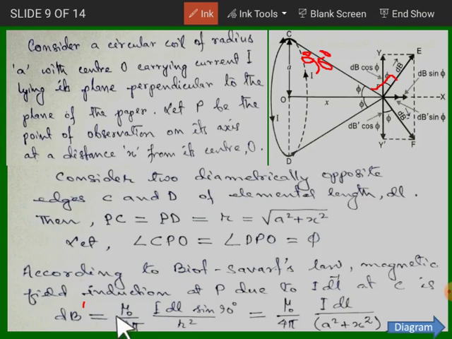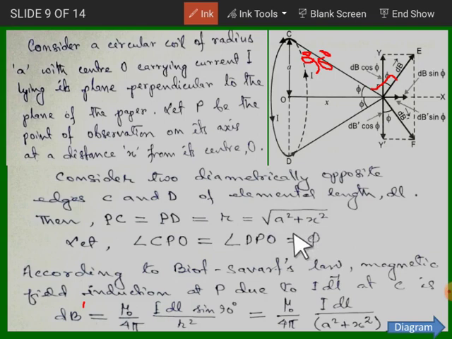I will come to it in the next slide, but let me explain here in this diagram. So dB prime will be equal to mu naught by 4 pi, the same expression. The magnitude will remain the same because it is at the same distance. I told you that PC is equal to PD, right? And it is equal to root over a square plus x square, right?